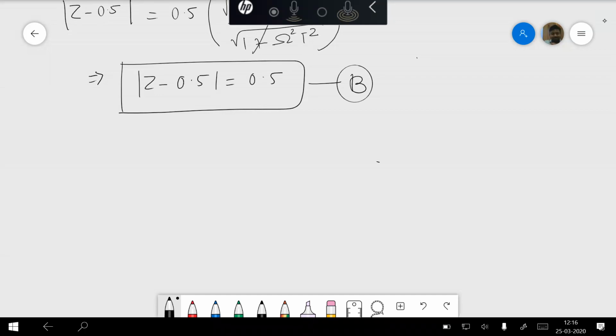Basically, it is nothing but a circle, correct? So this represents a circle of radius equal to how much?